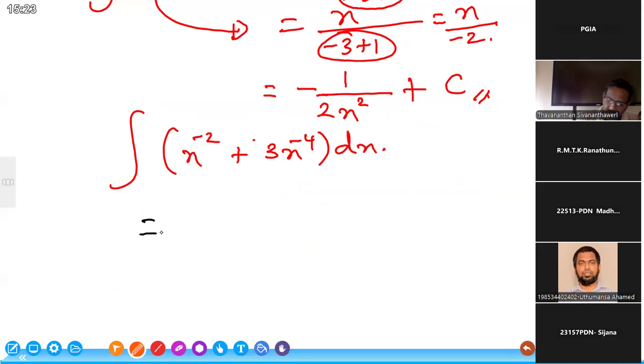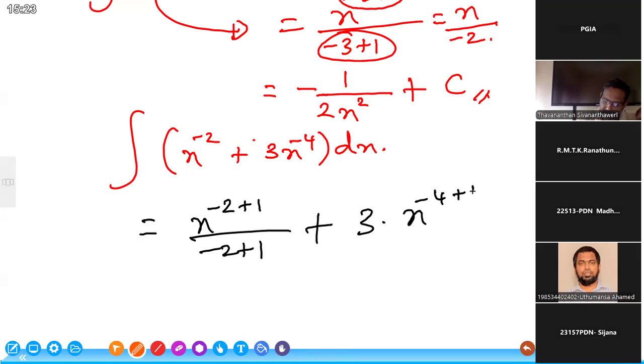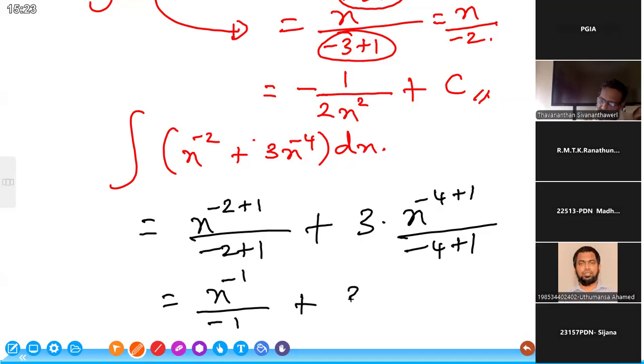So that is equal to x to the power minus 2 plus 1 divided by minus 2 plus 1, plus 3 into x to the power minus 4 plus 1 divided by minus 4 plus 1.